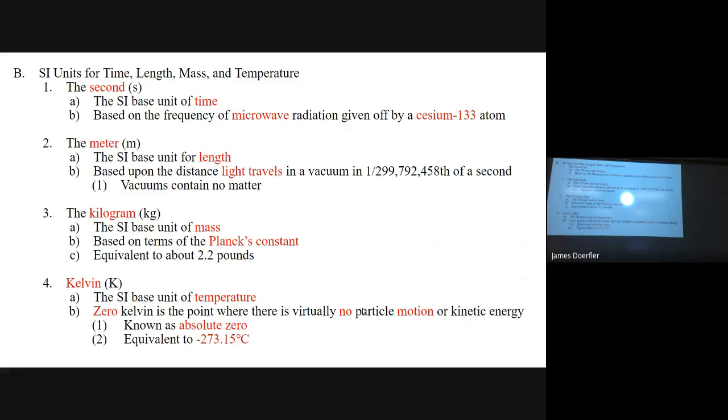So that's quick. Again, the next one is the kilogram. It's got its units of kg. It's a base unit for mass. This is based on Planck's constant.